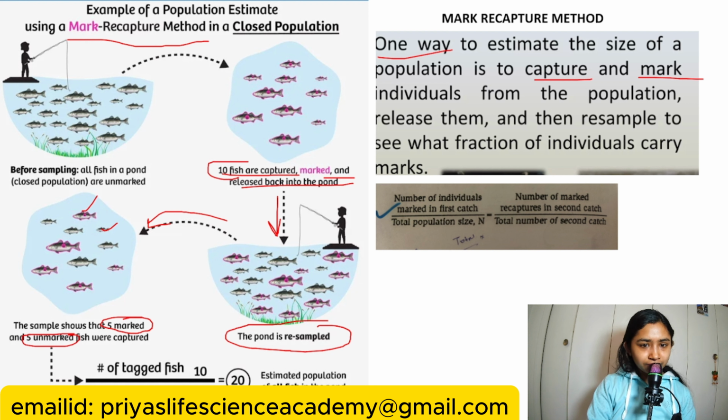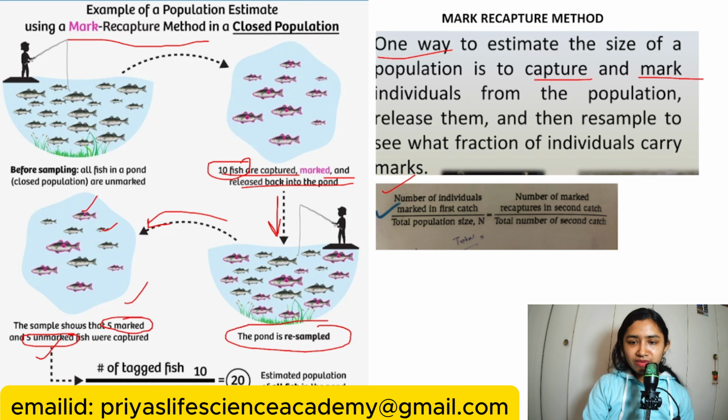Now after resampling, you got 5 marked and 5 unmarked individuals. Now we assume that the ratio of marked and unmarked individuals in the second sample is the same as in the first sample. To estimate the population size: number of individuals marked in the first catch divided by total population size equals number of marked recaptured in the second catch divided by total number of the second catch.